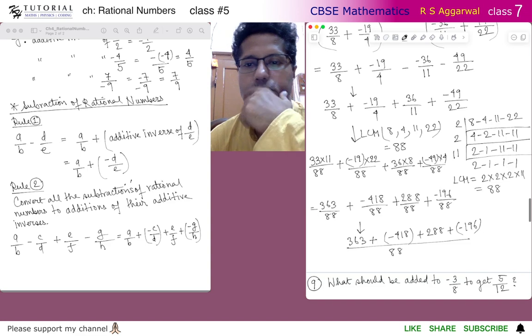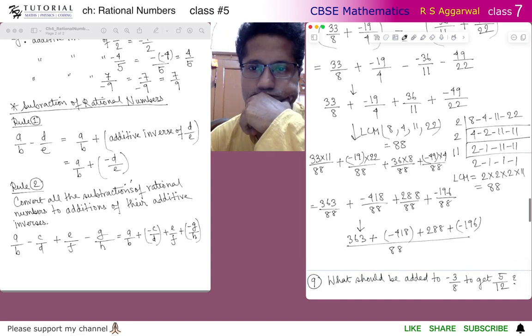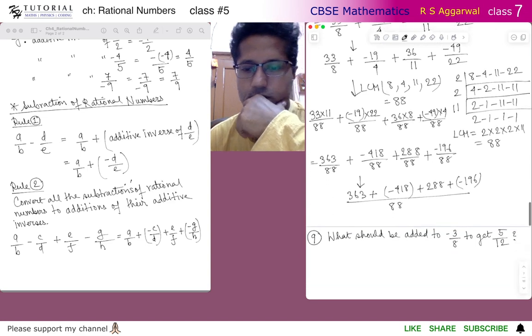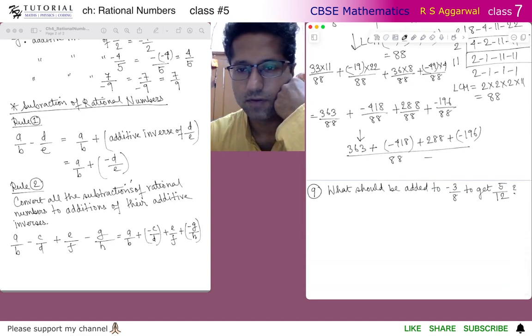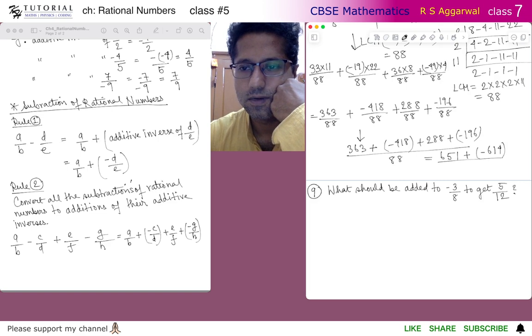So if we do the calculation, first we add the positive numbers, we get 651, plus the negative numbers, minus 614, by 88.